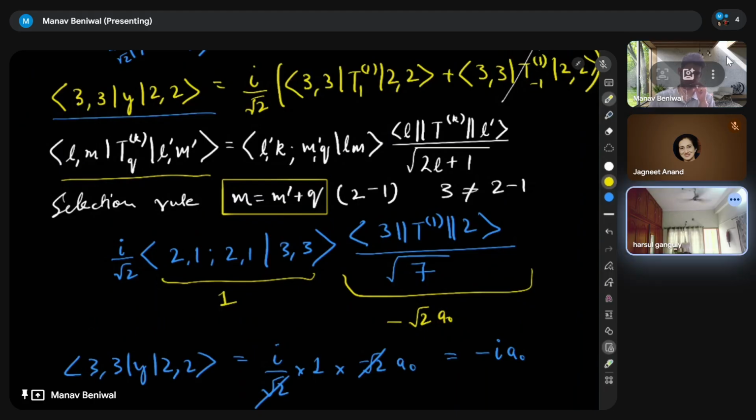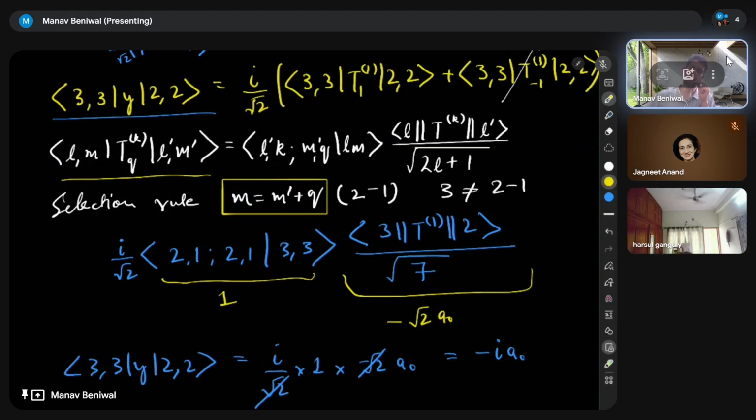There is a proof of this selection rule, and it is given in Sakurai. If you are interested, you can look up that proof. But by using the selection rule, we can eliminate a lot of Clebsch-Gordon coefficients.